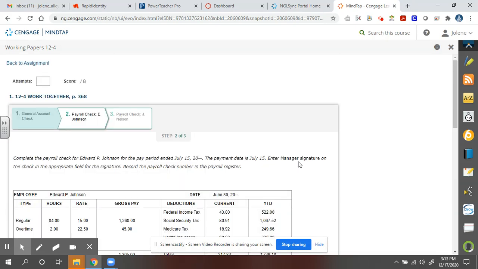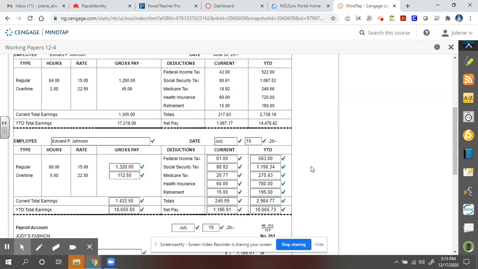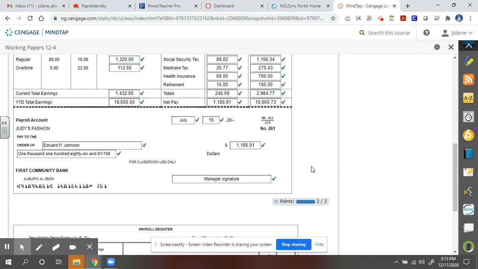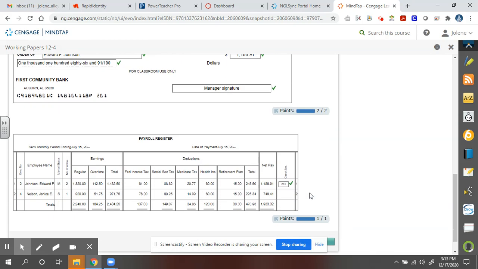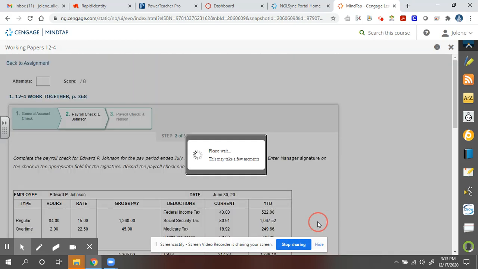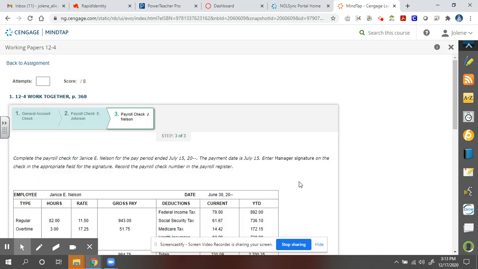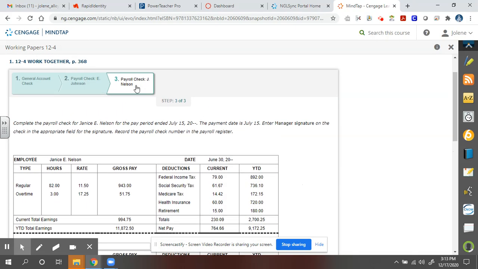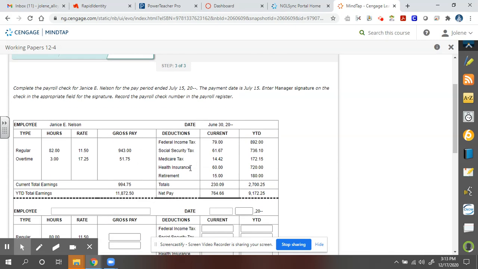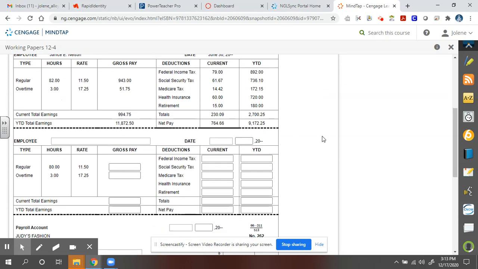Grade step 2. Let's see what it says. Checks, checks. Good. Now it says go to next step. We got to make the check for Janice Nelson. Okay, here's all her numbers from last paycheck. Look at the date, June 30th.